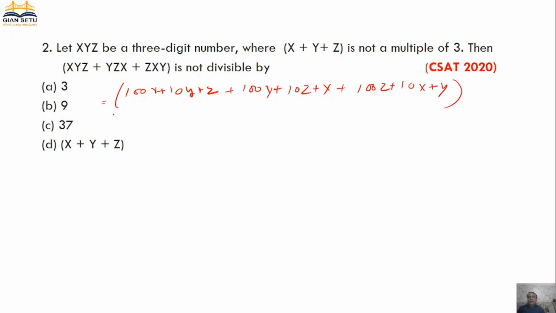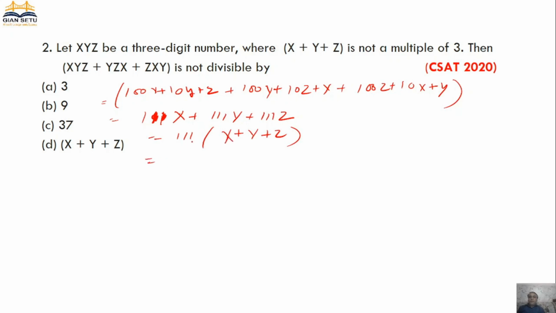Again, we can also write it as 111x plus 111y plus 111z. We can take 111 common, it will be 111 times (x plus y plus z).